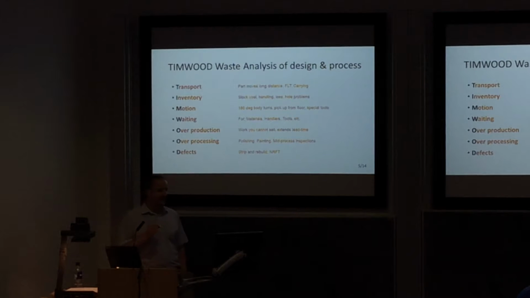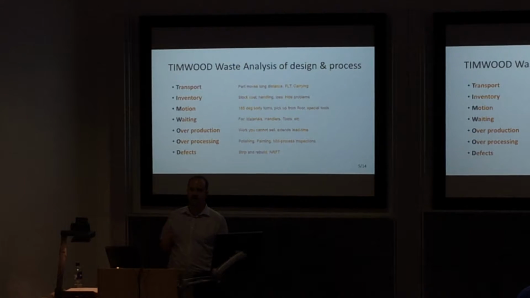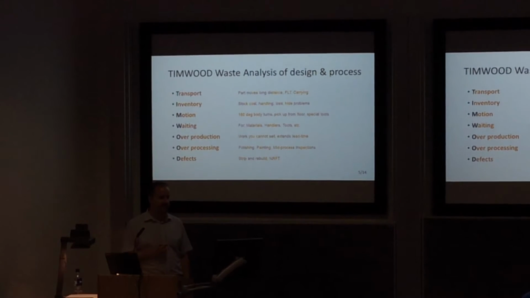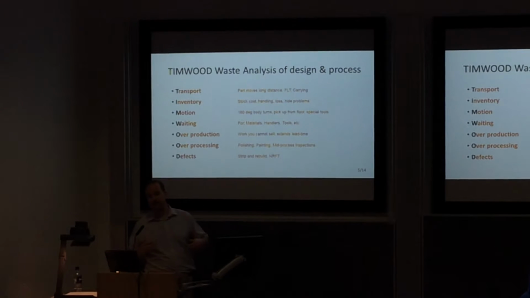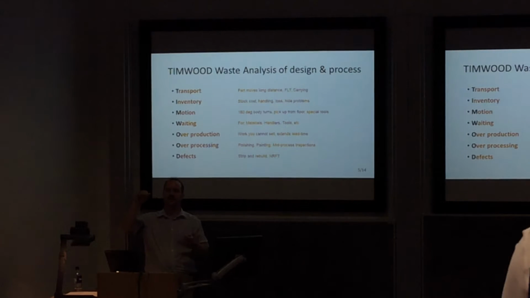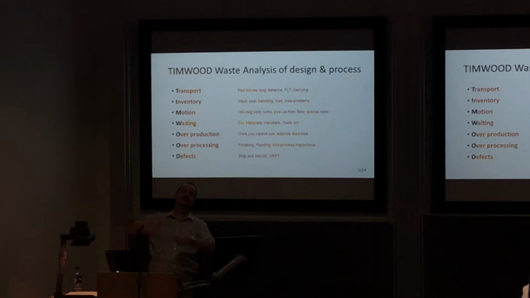Motion, when you're looking at waste analysis and trying to make a good, efficient manufacturing and design process, you have to look at the motion of, are you turning around, are you twisting, are you moving, are you assembling, for example, upside down, which in some cases, if you think of a car and you're fixing underneath a car and you need to have an upper half, you're doing all the work like that.